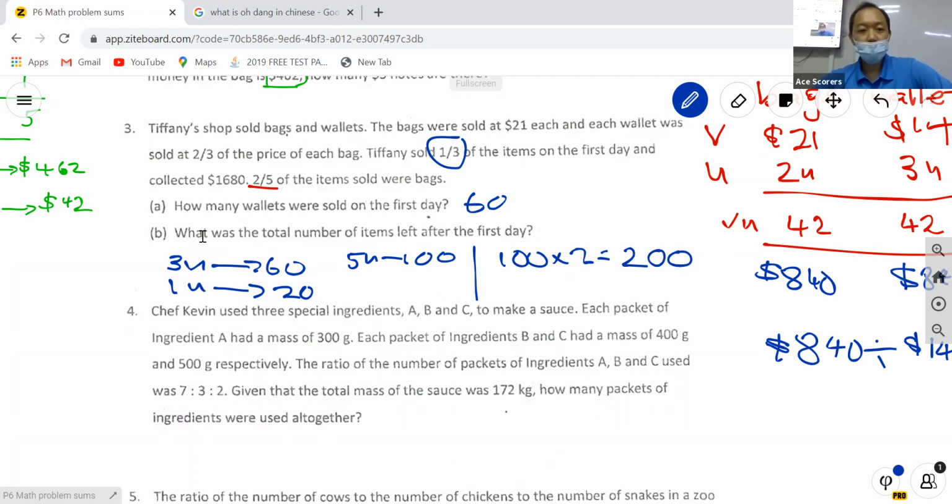So for part B, the total number of items left after the first day is 200, because on day one they sold 100, which is 1/3. On the second day there's 2/3.